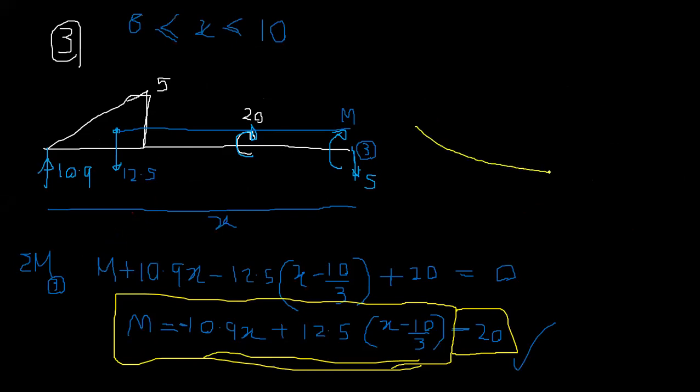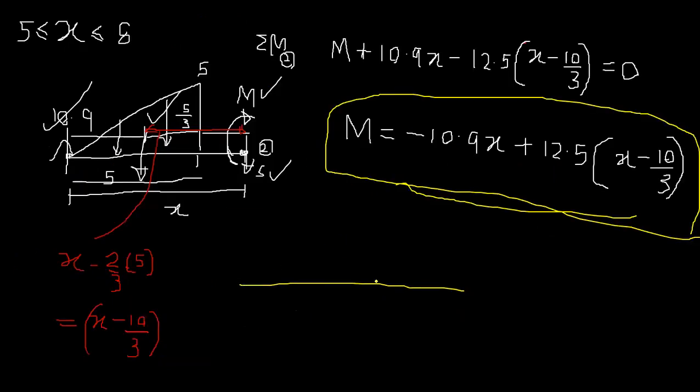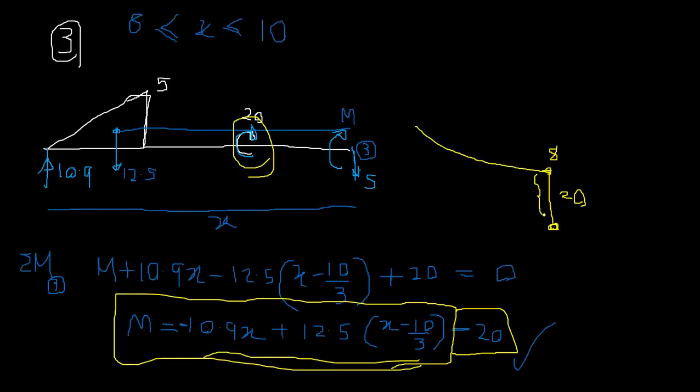So if you have something like this, there's a jump here, 20, right? That's why I did not continue to 8, because here it is not continuous. There's a jump due to this bending moment. If you ever encounter a bending moment diagram with this kind of jump, it will not be continuous. Other than that, it should be continuous, right?